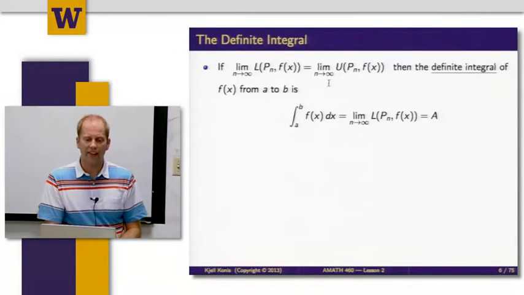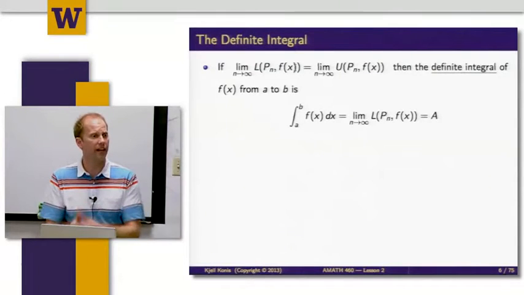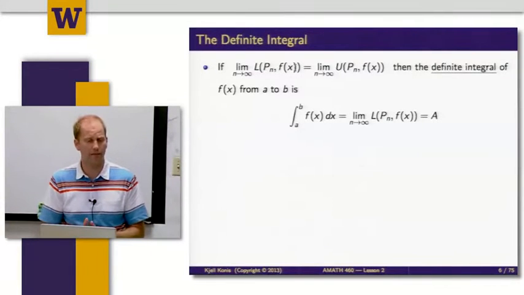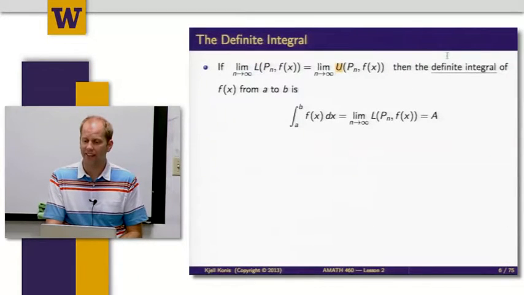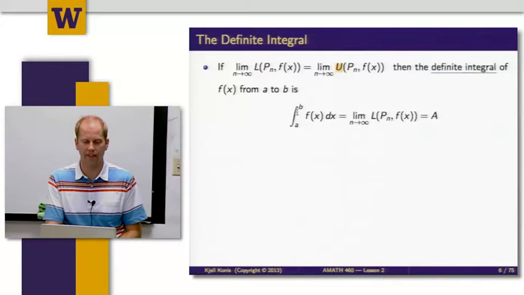And so I'm going to say that if those two limits are equal, so if I let my partition become finer and finer and finer, and in the limit my lower bound is equal to my upper bound, then I'm going to say that the definite integral of f of x from a to b, which I write using this symbol here that I can't highlight, is the integral from a to b of f of x dx.